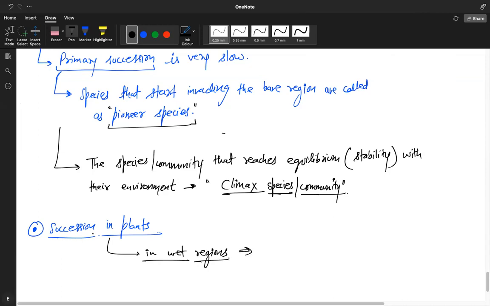So when their succession happens, it's called hydrarch succession. The word hydra or hydro is associated with water. So hydrarch succession.